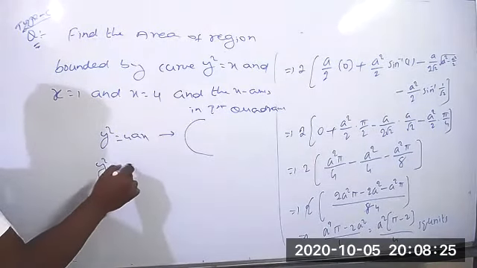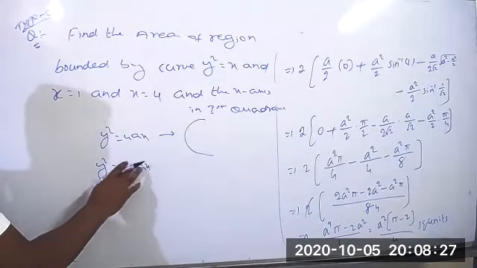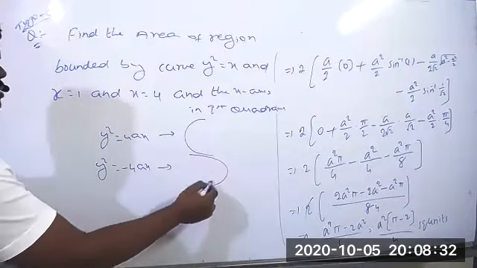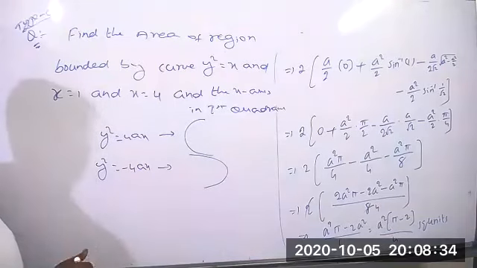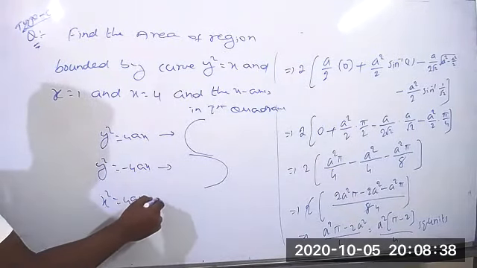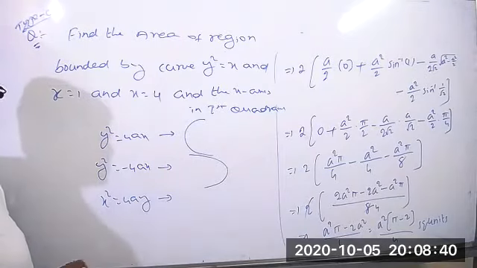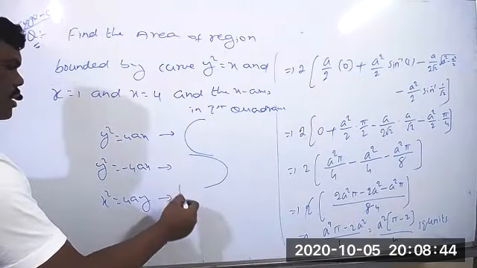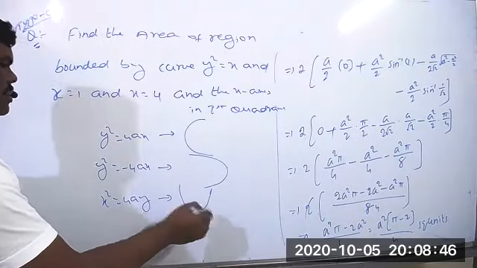If we take y square equal to minus 4ax, we clearly get it along the negative x-axis, but it passes through the origin. And x square equal to 4ay is along the positive y-axis and passes through the origin.